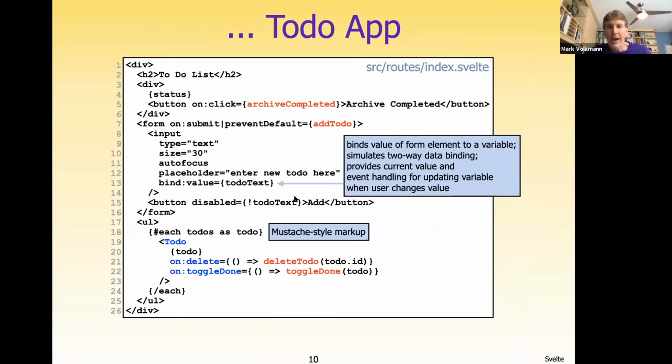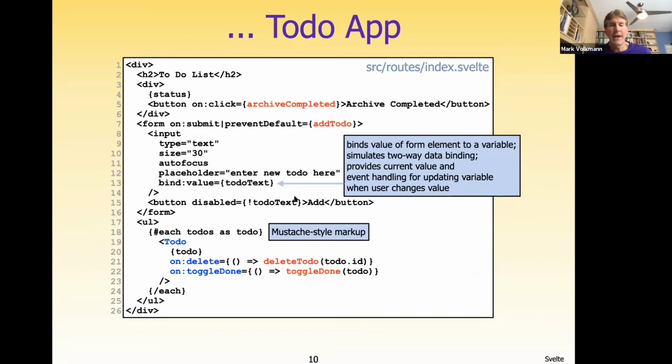Then I've got my archive completed button, and we see some event handling on line 5. So if I get a click event, I want to call the archive completed function. Then I've got a form where the user can type in text for a new to-do. And when they submit the form, either by clicking the add button on line 15, or if they just type something in the input and hit the enter key, either way, that's going to trigger a submit event on the form.